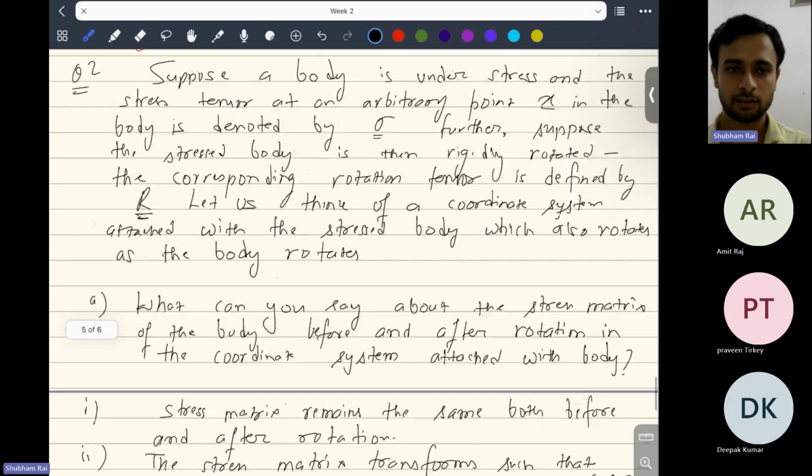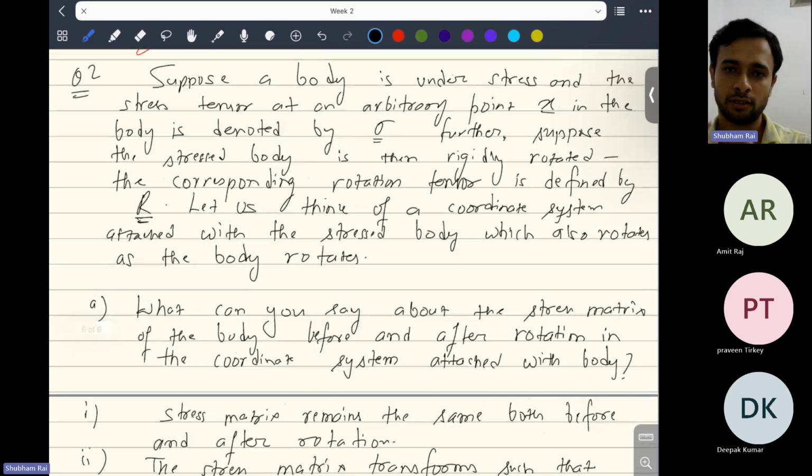So here, let me explain the question. There is a body which is under stress and which is given by a stress tensor sigma, and the body is rigidly rotated, and the rotation tensor is given by capital R. And now when the body is rotating, the coordinate system is also rotating by the same amount.